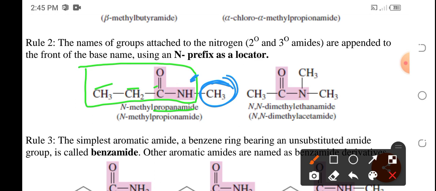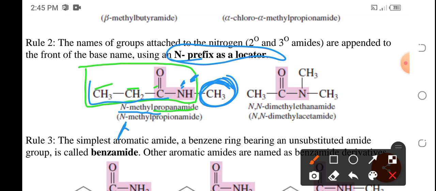So to locate the position of this substituent, we are going to use N as a locator to indicate that this substituent is attached to the nitrogen and not on the carbon atoms. So that would be N-methylpropanamide.